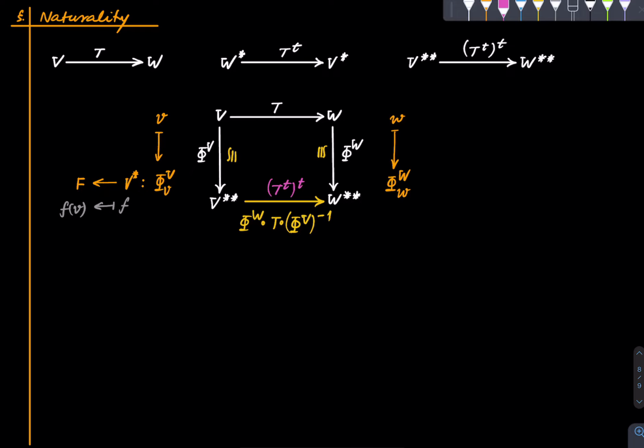So this is what we want to show. So the theorem is phi W composed with T composed with phi V inverse equals T transpose transpose.